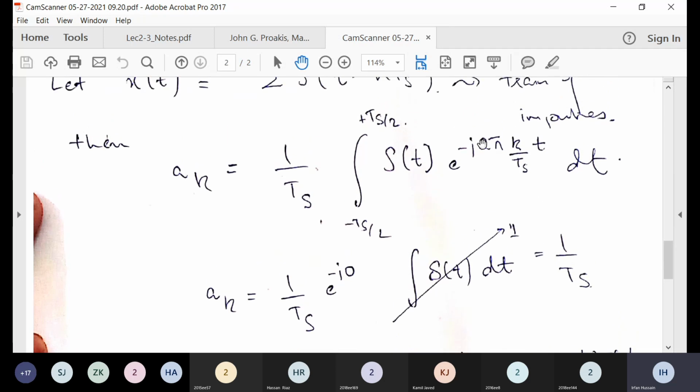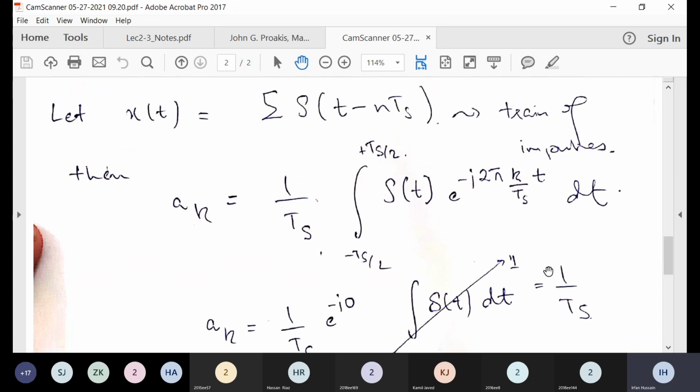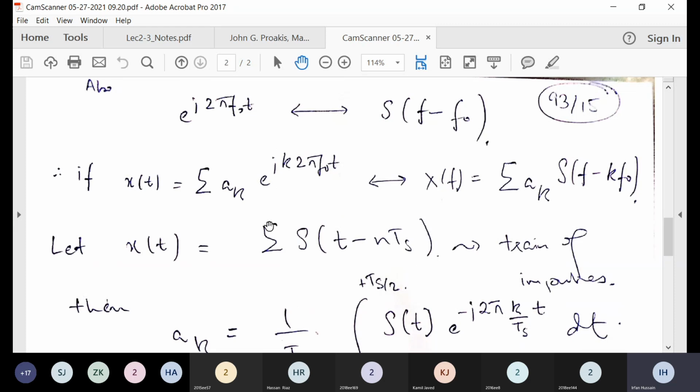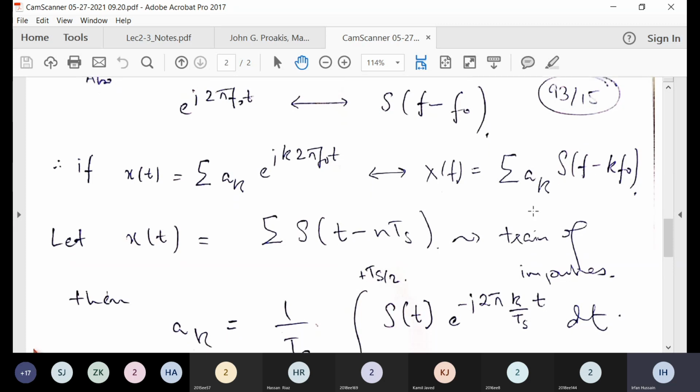So the function will exist only at the point of impulse. The impulse is at 0, so this will become 0, e to the j0 comes out as 1, and the area under the curve of the impulse is 1. So your a_k comes out to be 1 over Ts. So this signal will have this representation with 1 over Ts, and that will become an impulse train in frequency at multiples of 1 over Ts.